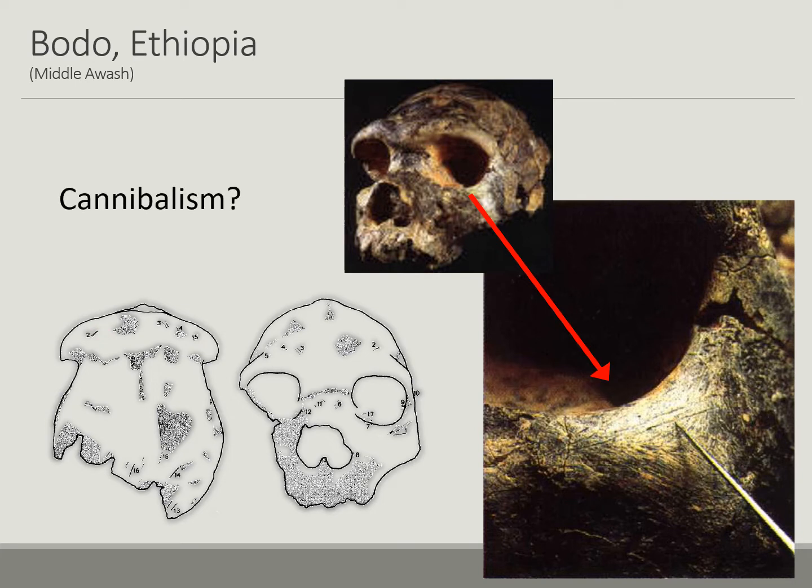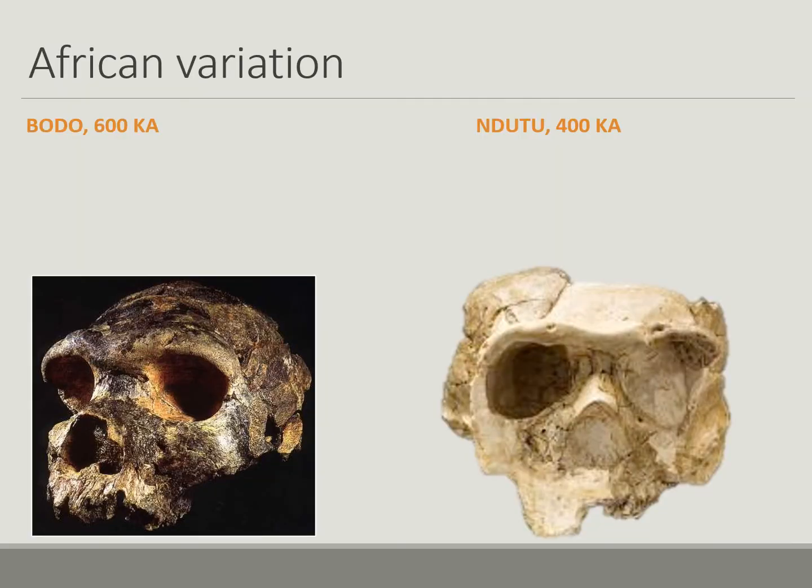So is this indicative of cannibalism? And if it is, just like Gran Dolina in the Sierra de Atapuerca, it's a question of were they just cutting each other up to eat, or was it some more ritualistic, symbolic ritual? Open question.